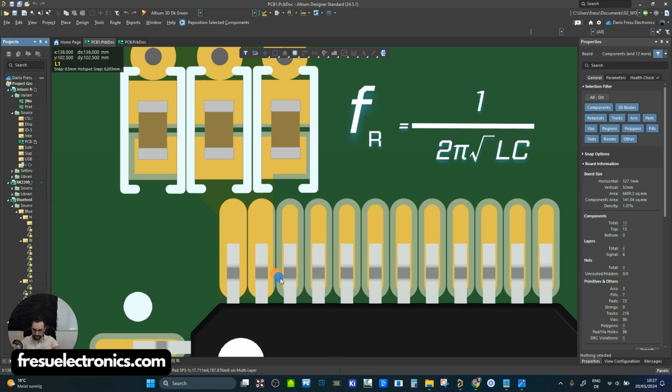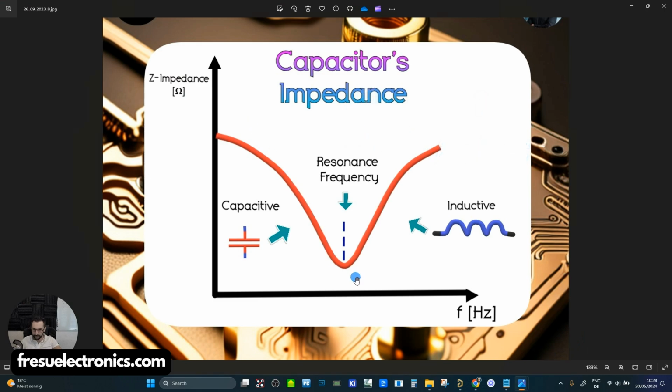If we take this data and calculate the resonant frequency of the capacitor using the inductance of the package plus the inductance of the traces plus the inductance of the lead of the IC, then the capacitor will be effective only up to 4 megahertz. So up to 4 megahertz, we have this nice capacitive filtering behavior, but at frequencies higher than 4 megahertz, we have inductive behavior.